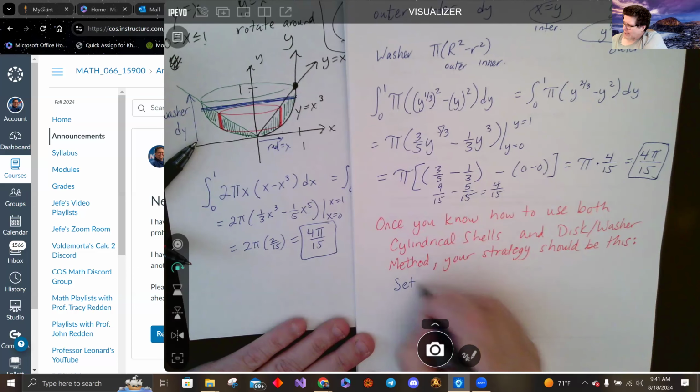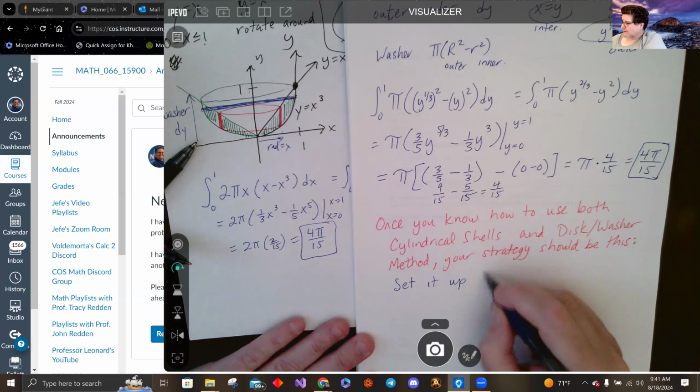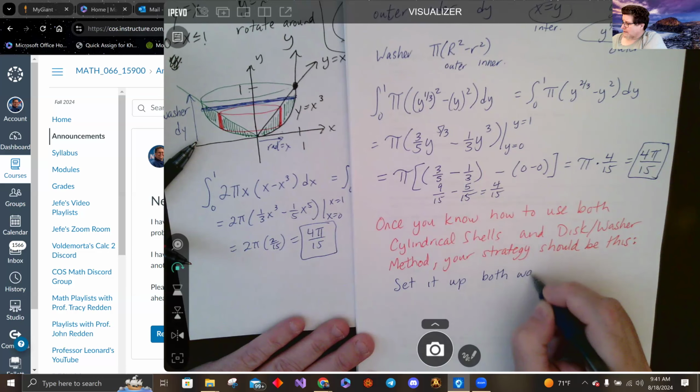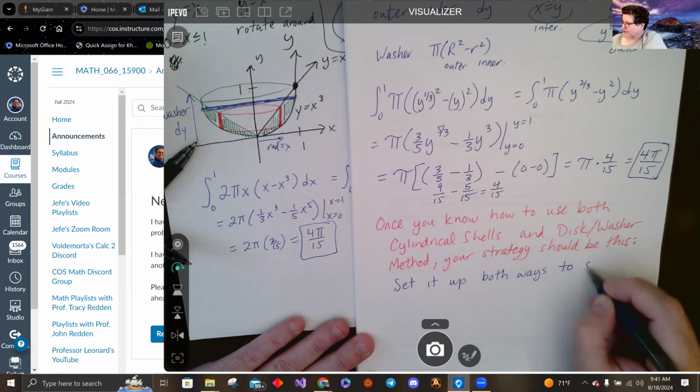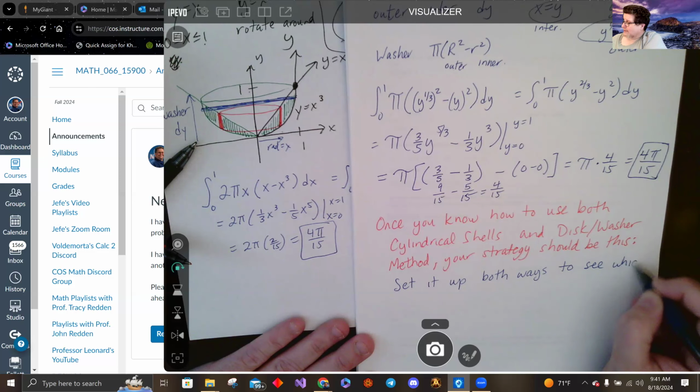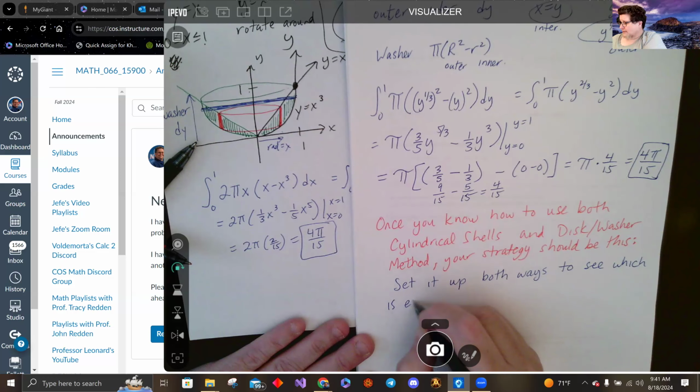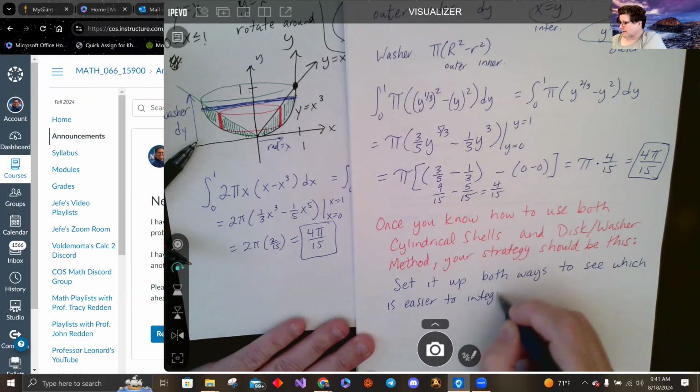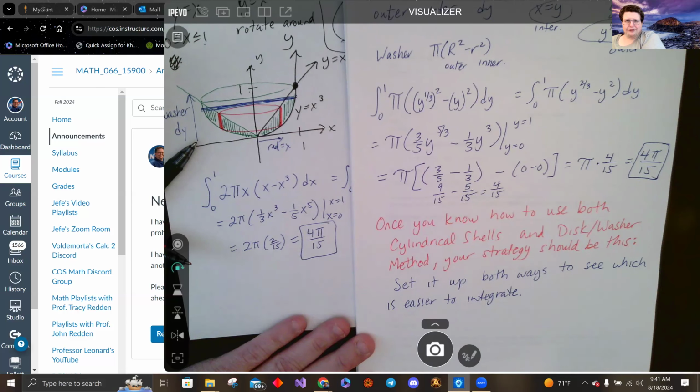Set it up both ways to see which is easier to integrate. Eventually, you'll get a nice feel for it and go, yeah, this method's definitely better for shells. And this one's definitely better for washers.